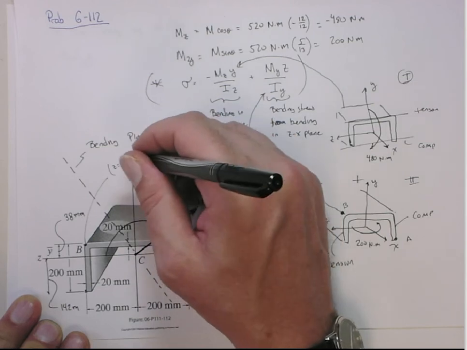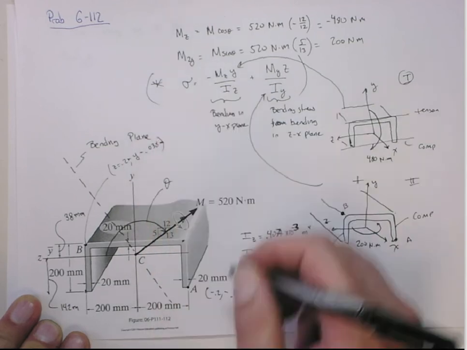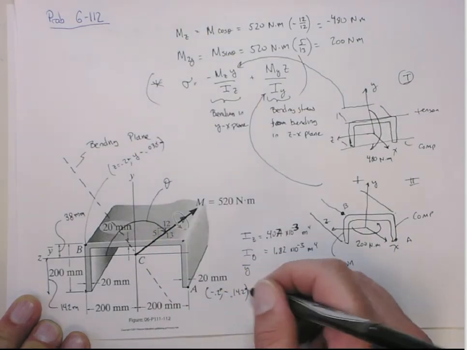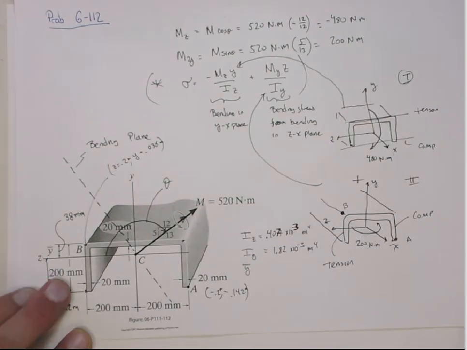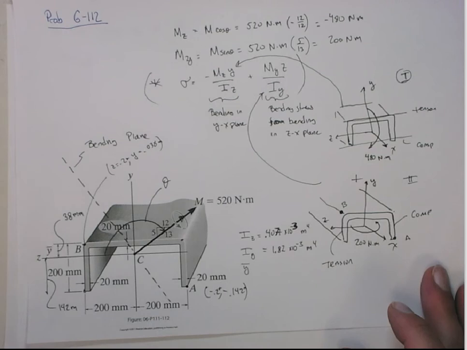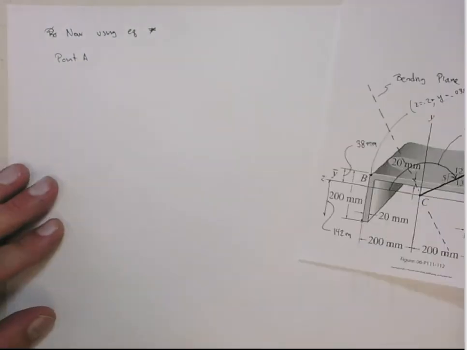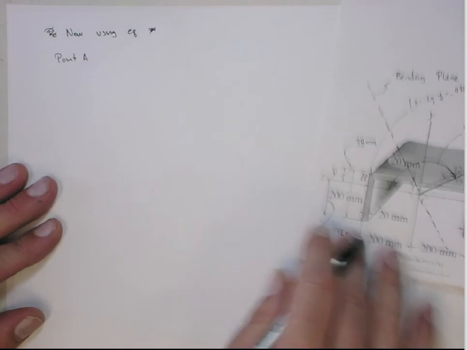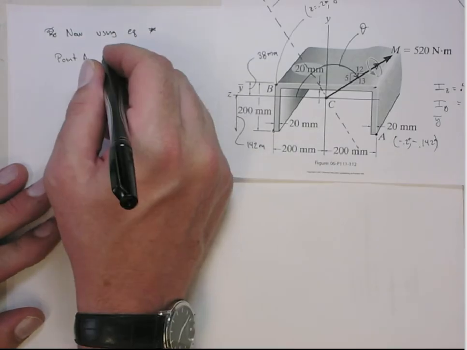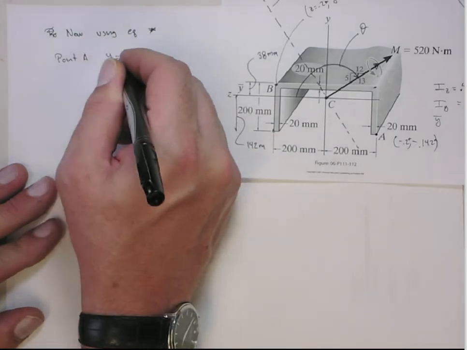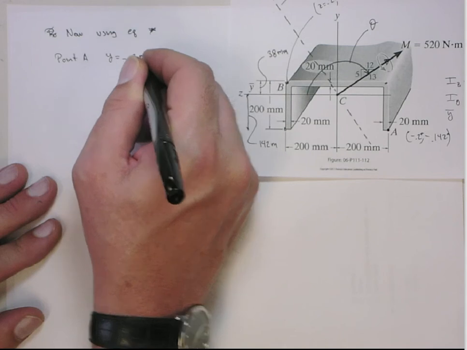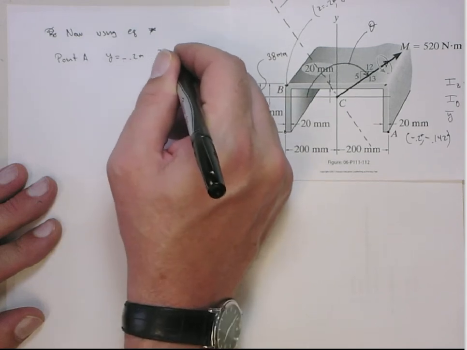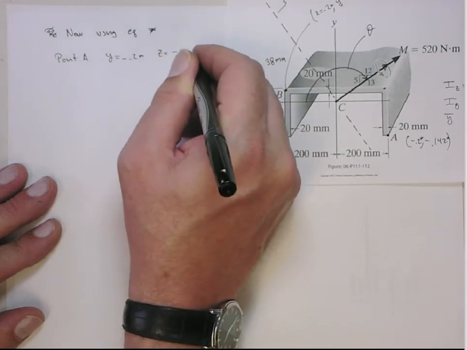That's meters, meters, meters, meters. Sorry for being sloppy. It's Friday. Fine. So here we are at point A. At point A, from this picture, we know that we're going to use y equal to minus 0.2 meters, and then z is going to be set equal to minus 0.142 meters.